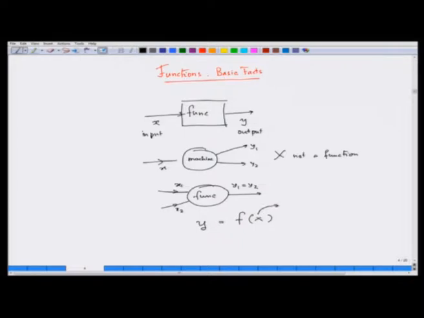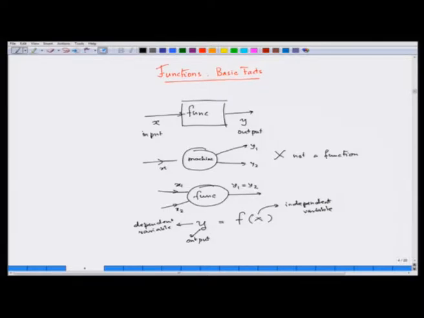In mathematics we call x the independent variable, so I have the choice to give my input, and this gives me the output, or dependent variable. So these are some very basic facts you have to know about functions.